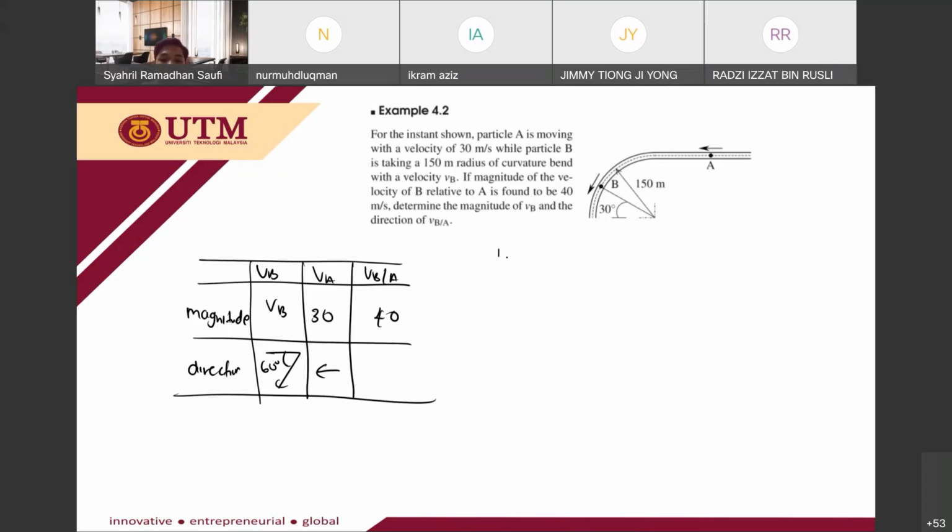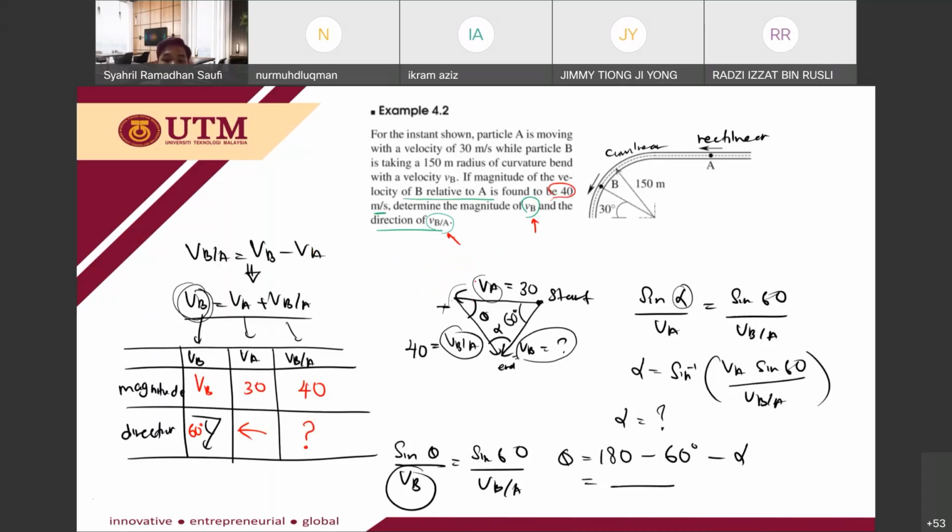In order to use the rectangular method, you need to assume the direction. You can refer to this triangle to assume the direction.